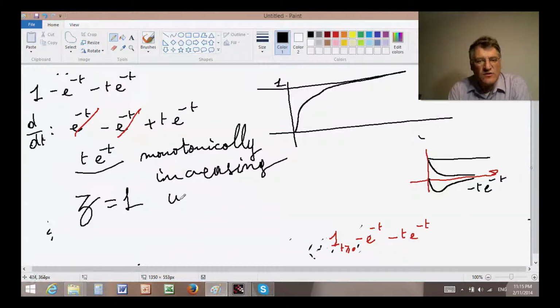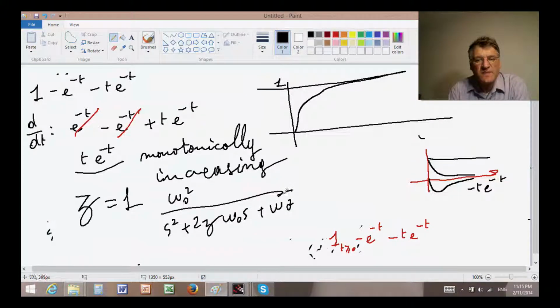In omega 0 squared divided by s squared plus 2 zeta omega 0 s plus omega 0 squared, here we used the simplified variable s hat equal to s divided by omega 0.